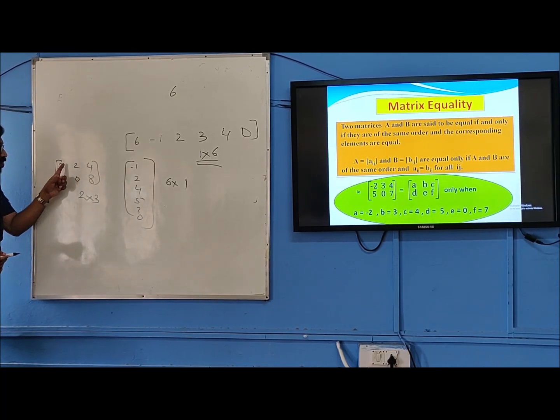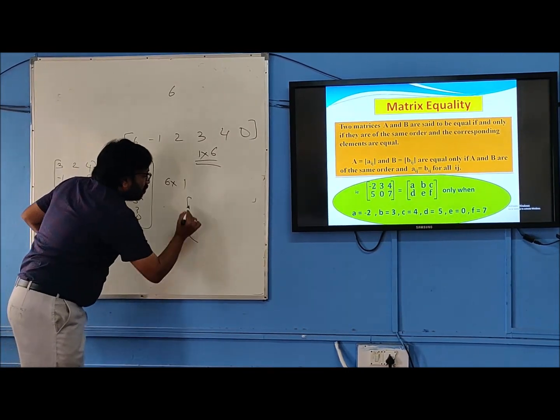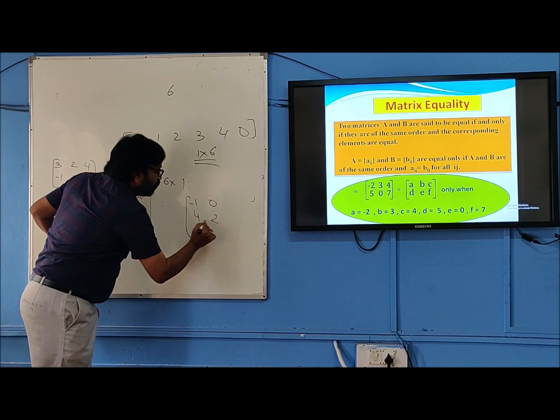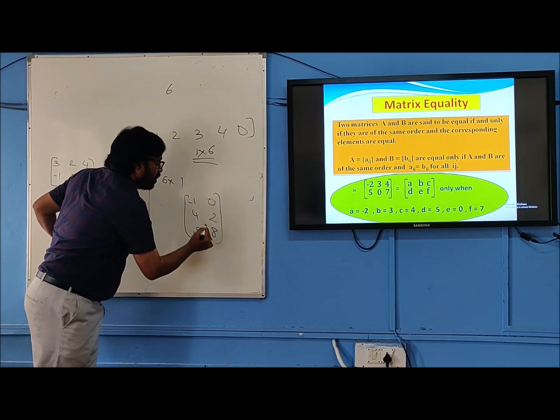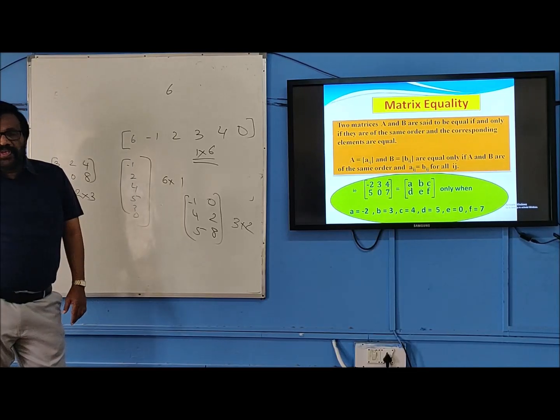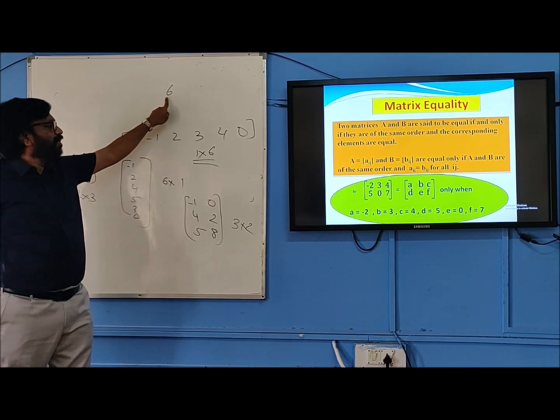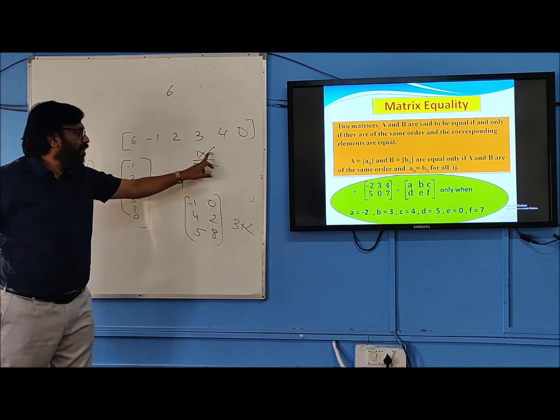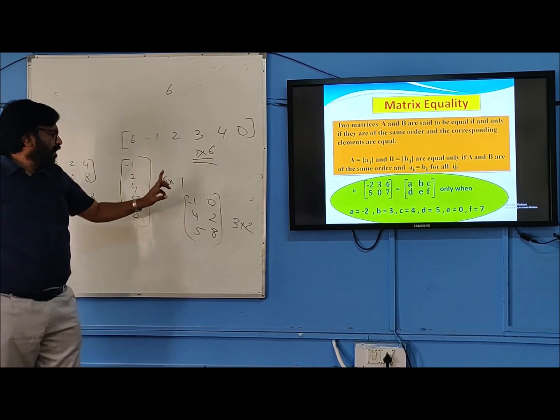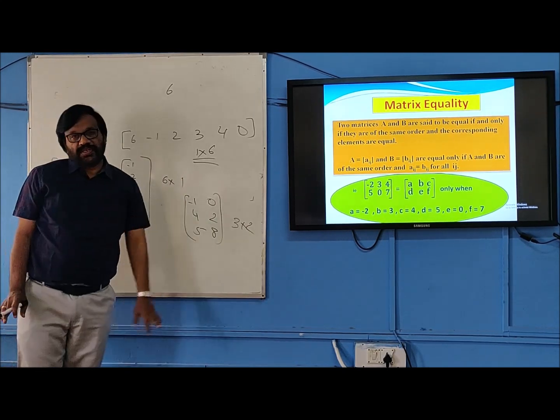How many elements are there? 1, 2, 3, 4, 5, 6. Another one: -1, 0, 4, 2, 5, 8. What is the order of this matrix? 3 by 2. Is there any other possibility? No. If there are 6 elements, we have a 1 by 6 matrix, 6 by 1 matrix, 2 by 3 matrix, or 3 by 2 matrix.